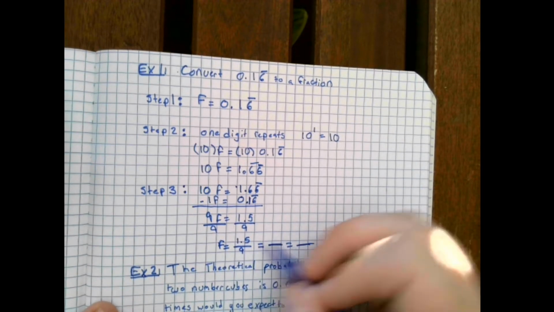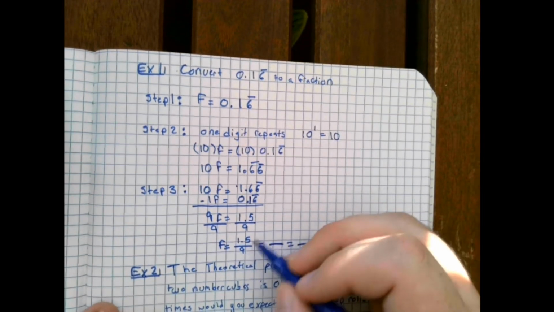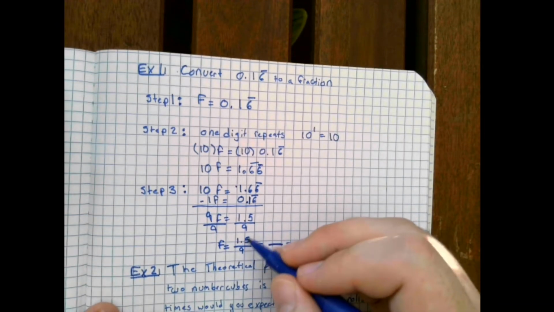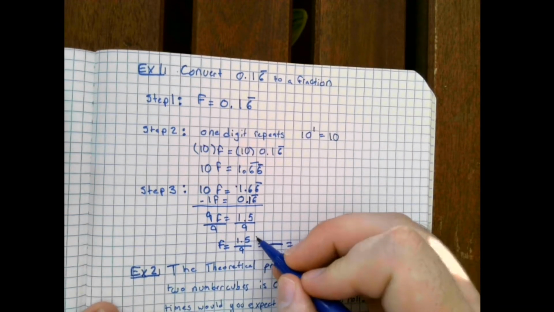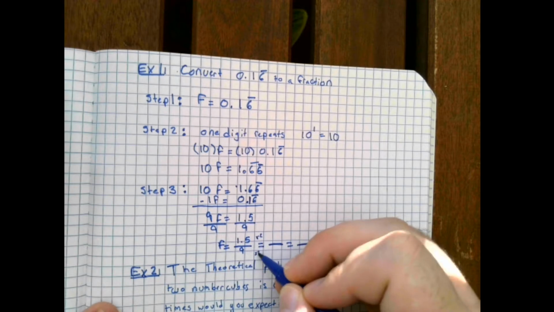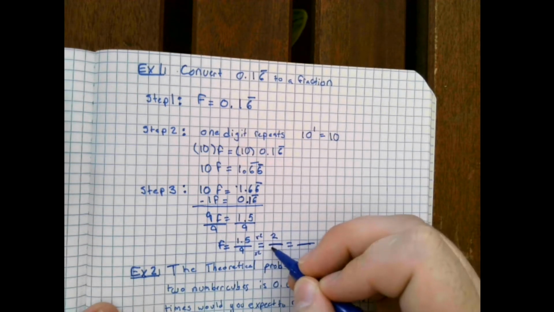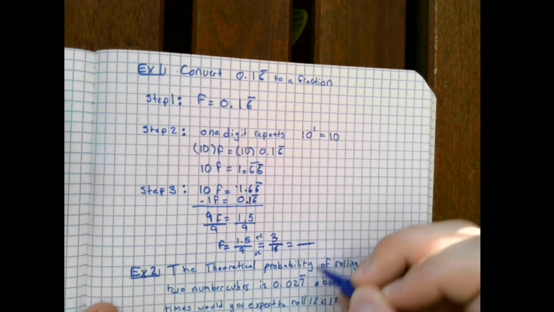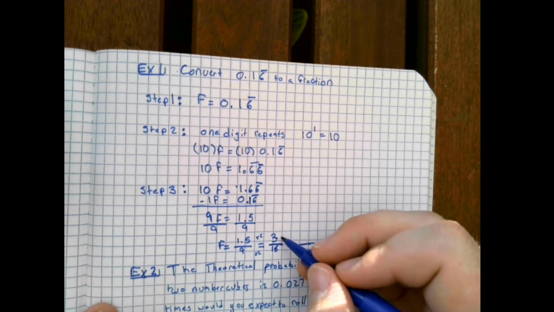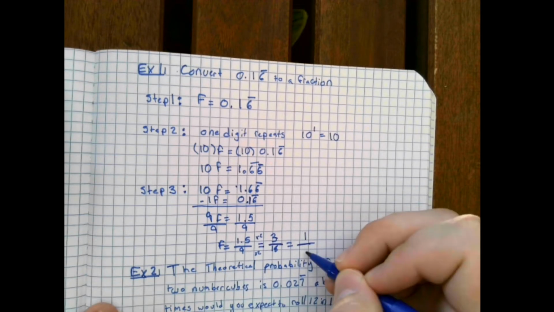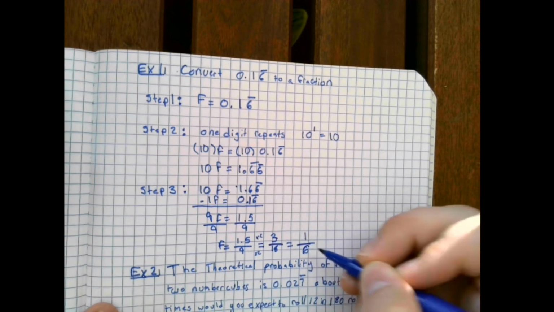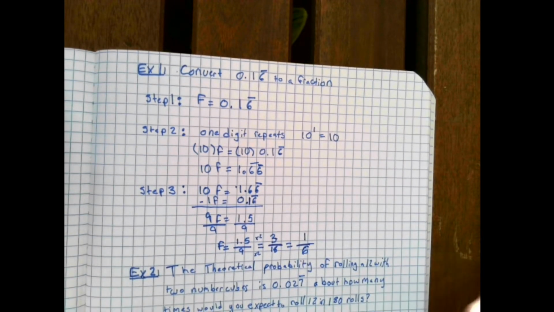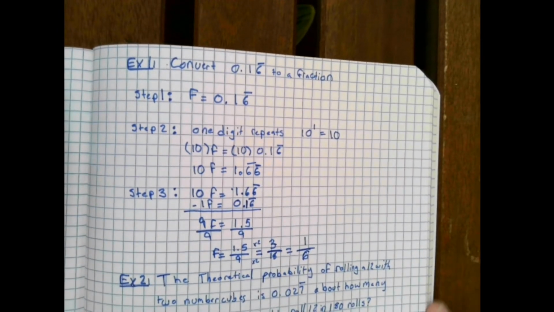Now, in order to have that be a proper fraction, we're going to need to change this decimal in 1.5 by multiplying by 2, which will give us 3 over 18. And 3 over 18 can be reduced by dividing by 3 and by 3 to 1/6. And that's example 1.